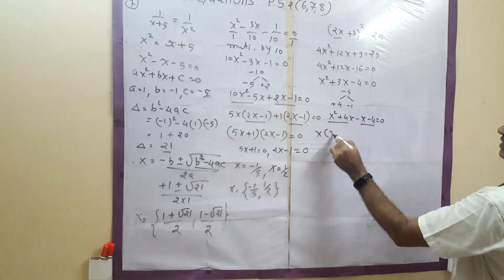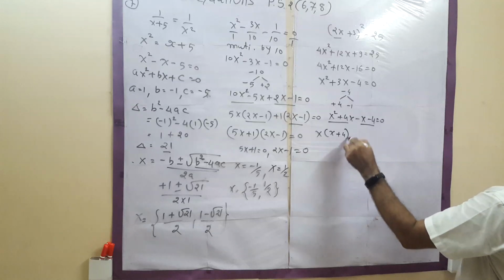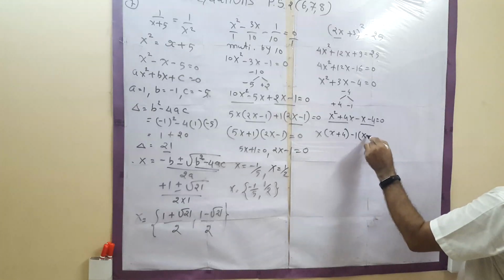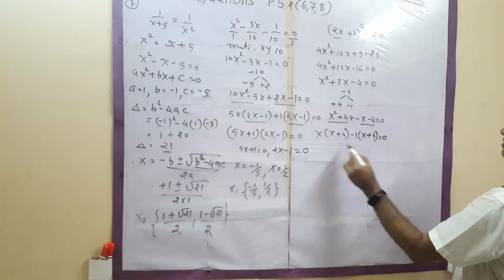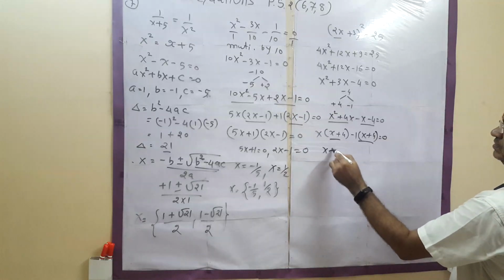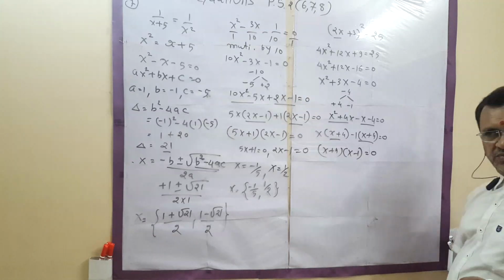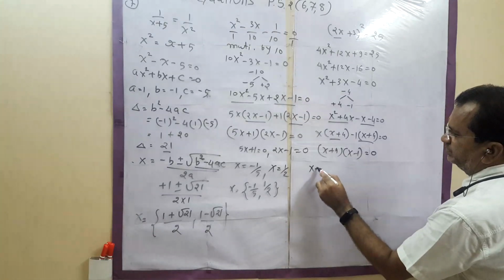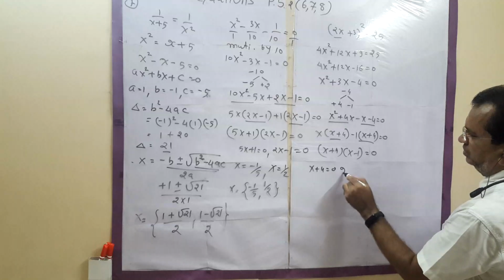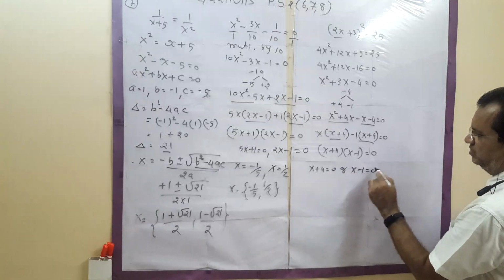x only, x plus 4, correct. So x plus 4 is equal to 0 or x minus 1 is equal to 0.